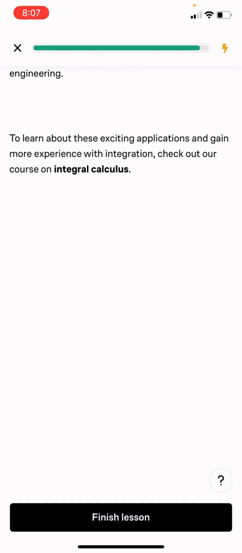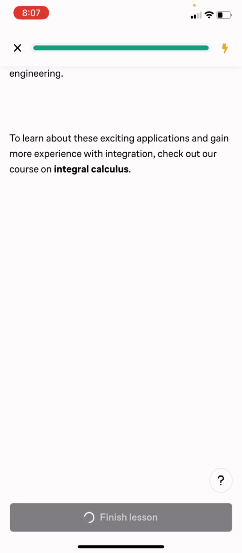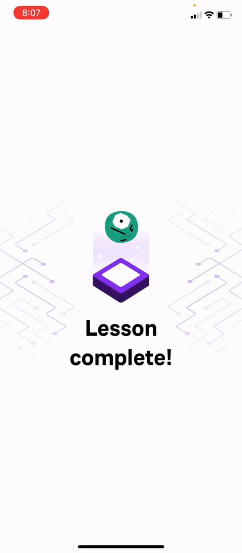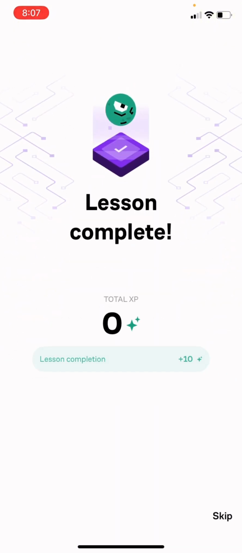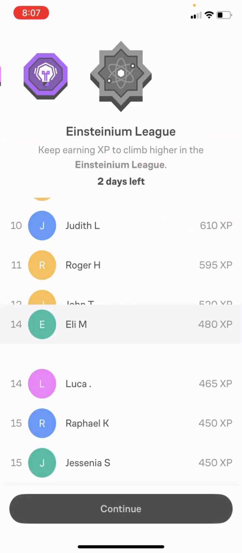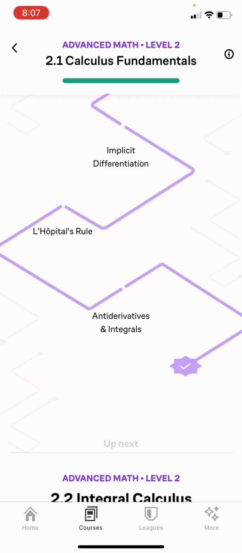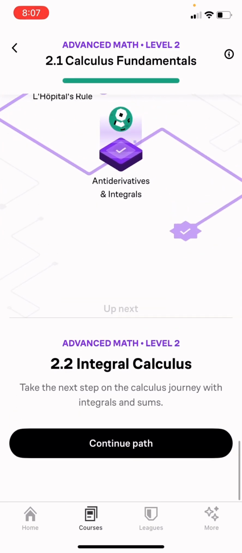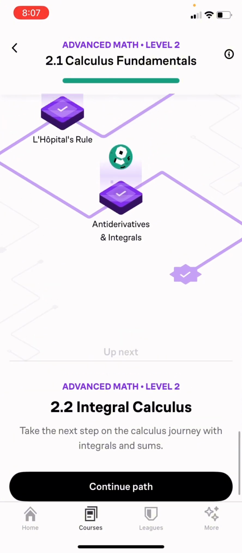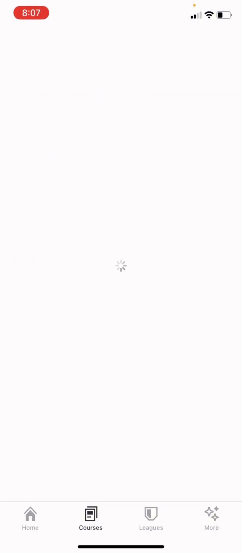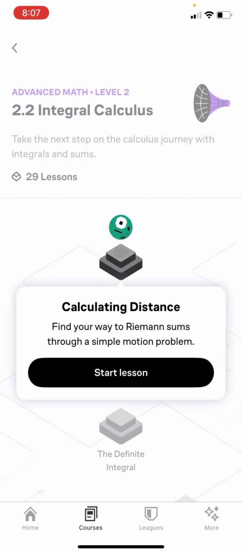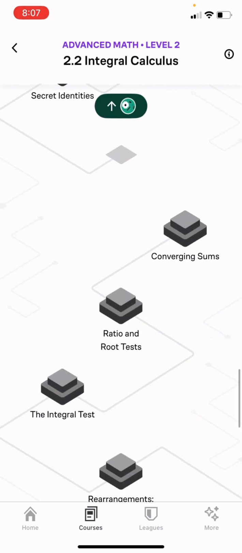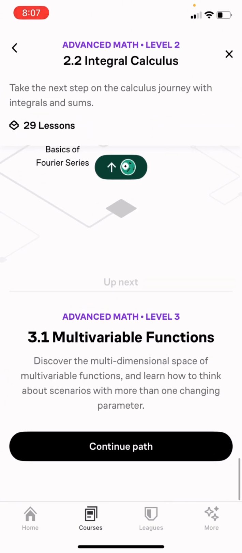To learn about these exciting applications and gain more experience with integration, check out our course on integral calculus. Well, I may check that out. And there we go, fundamentals. Oh, never mind, I have to do integral calculus. Which lessons are there?